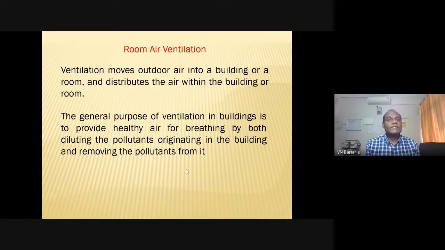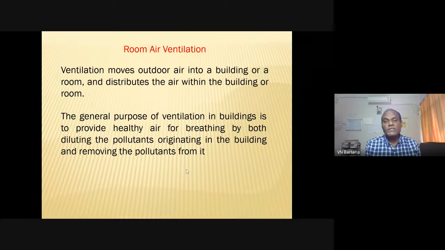So ventilation, exchanging of indoor air, is very much required so as to get fresh air and to reduce the concentration of pollutants in the indoor atmosphere, the indoor environment. So ventilation is very, very essential.